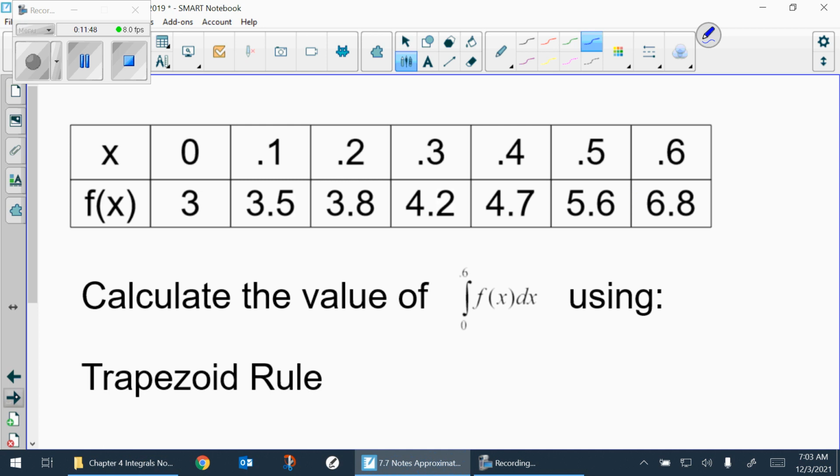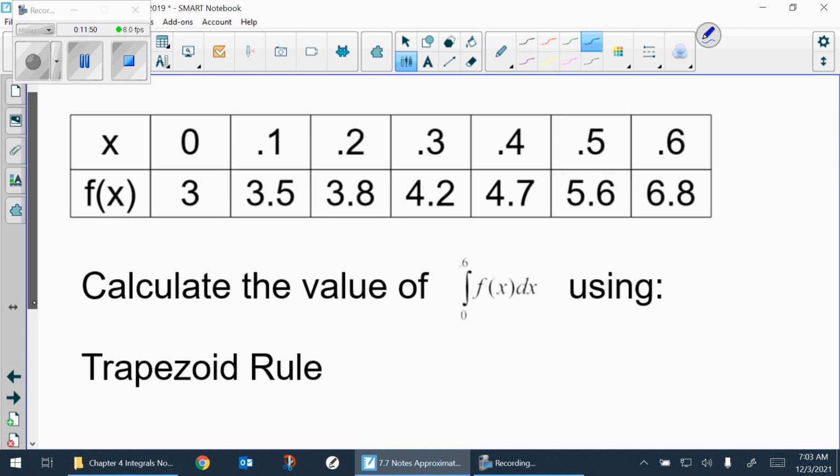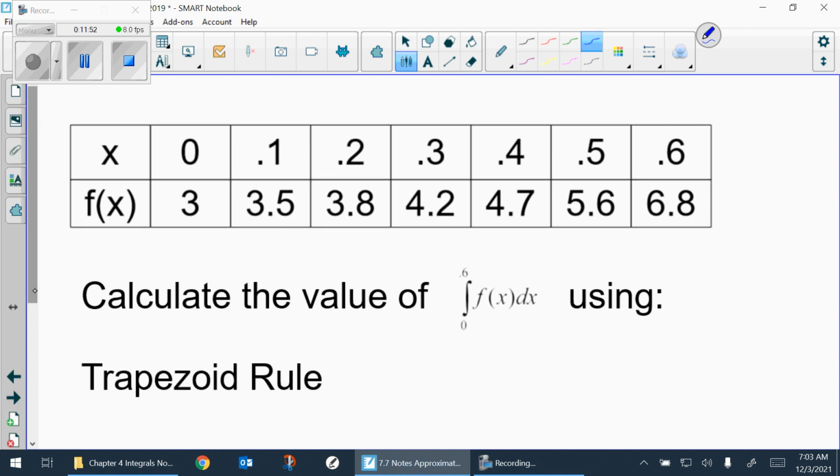I have 2 more examples, things you might see, typical kinds of things you would see on an AP exam. Finding this area under the curve using a trapezoid rule. Let's make 3 trapezoids. We've got a change in x.